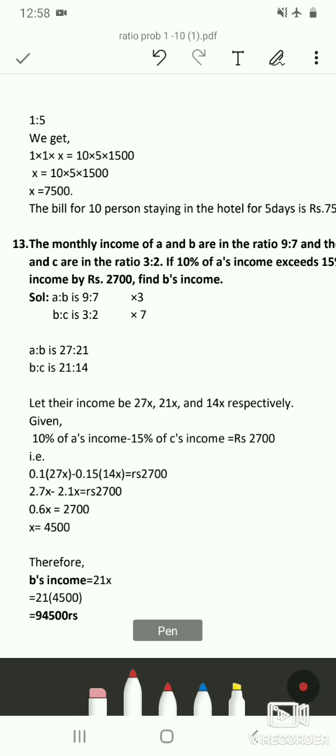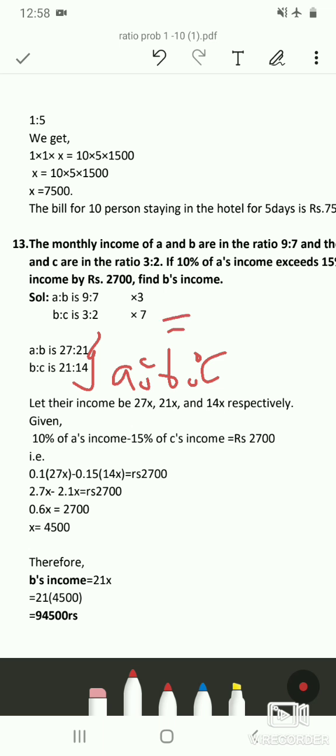So to get the continued proportion, we are simplifying the given ratios. Once you get the continued ratio, which I forgot to write over here, that is A is to B is to C, which is nothing but 27 is to 21 is to 14.